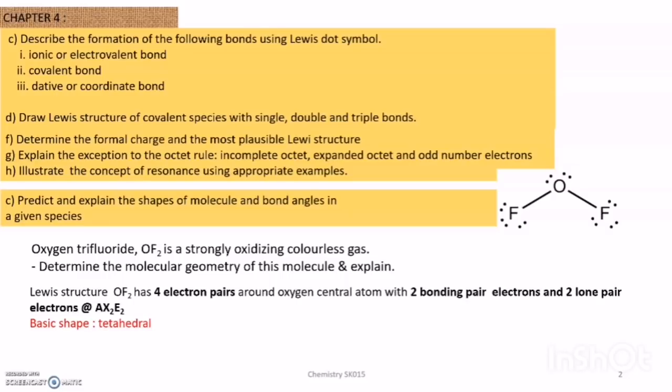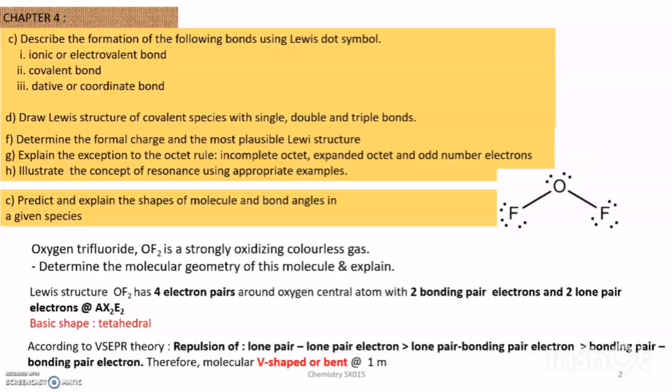But we have lone pairs, repulsion between lone pair and lone pair, repulsion between lone pair and bond pair, repulsion between bonding pairs. The repulsion will reduce the bond angle. According to valence shell electron pair repulsion, the result of repulsion reduces the bond angle. So next, the molecular shape should be V shape or bent.